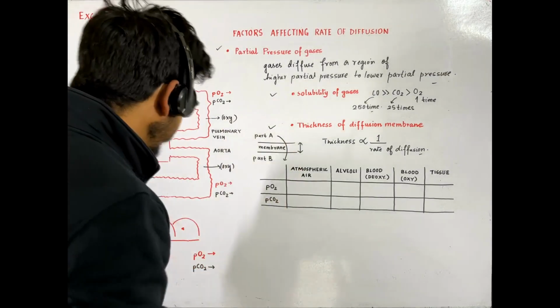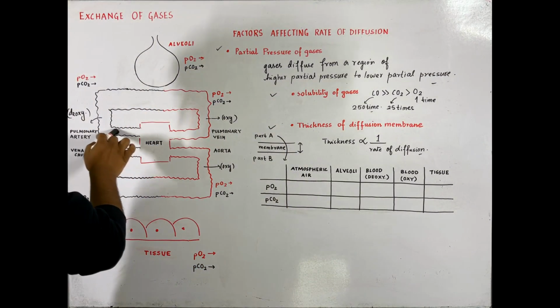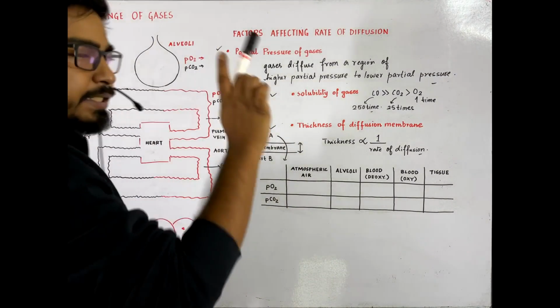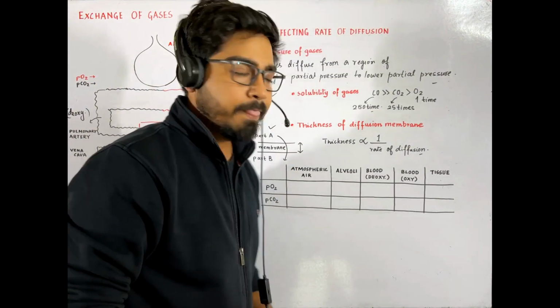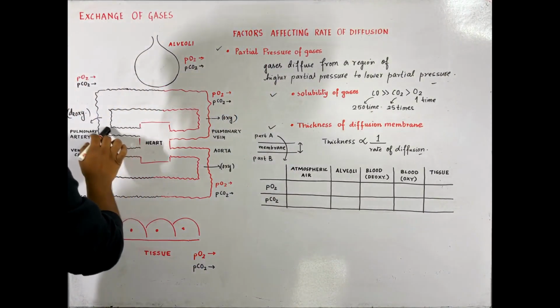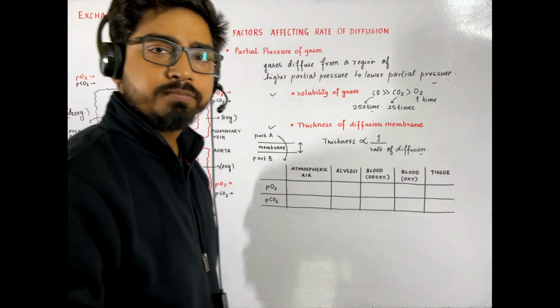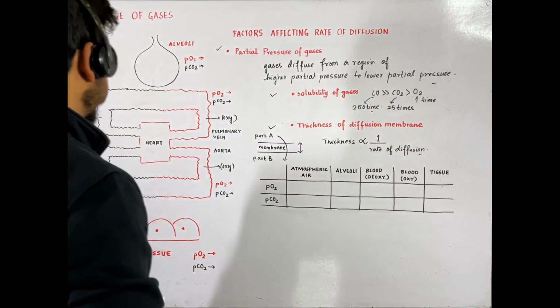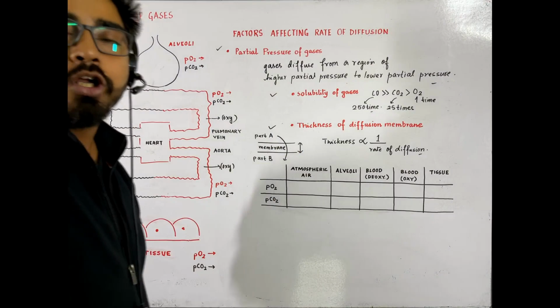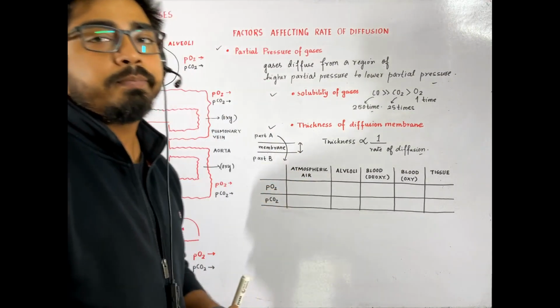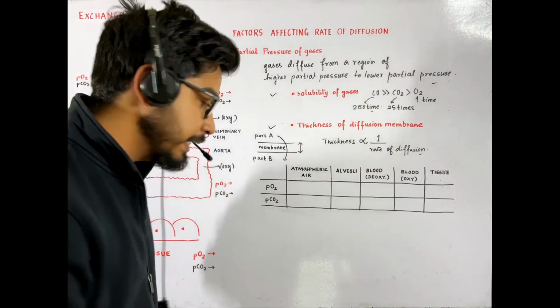See, blood is actually traveling through pulmonary artery and entering the lungs. So this arm contains deoxygenated blood. Now if the blood is deoxygenated, then the partial pressure of carbon dioxide will be more here and partial pressure of oxygen will be less.